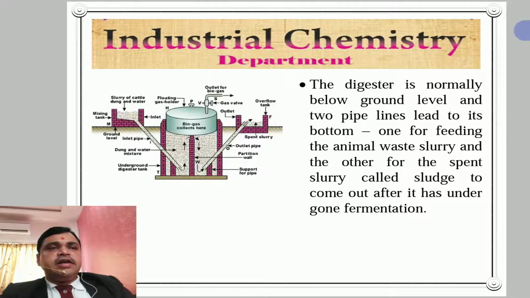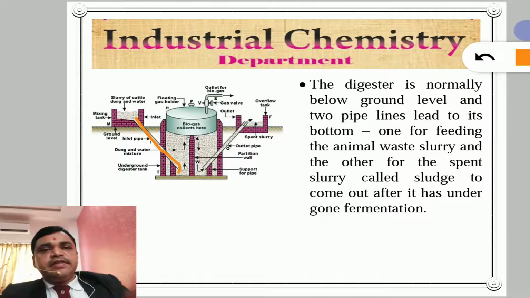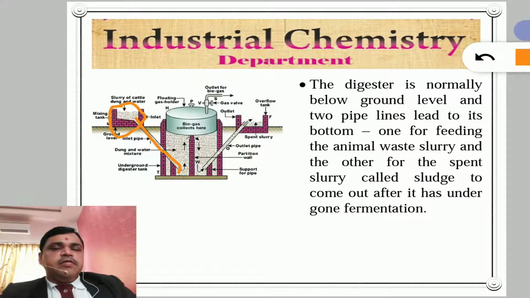In this figure, we show the first pipe, which feeds the animal waste material as a slurry. First of all, in the mixing tank, all materials are fed with the help of water. So biomass and water mix in the form of slurry. Now this slurry is input by this pipe.